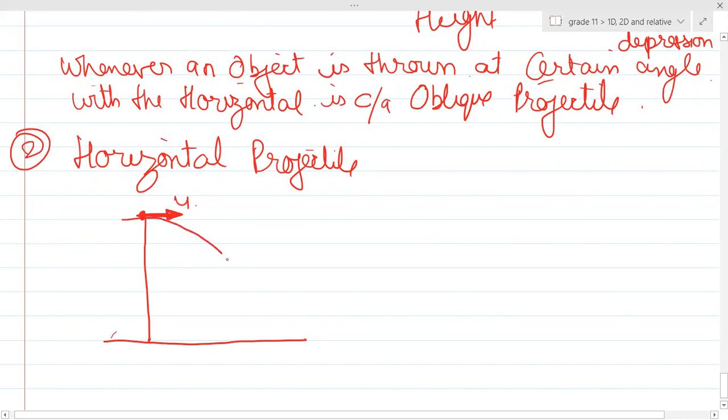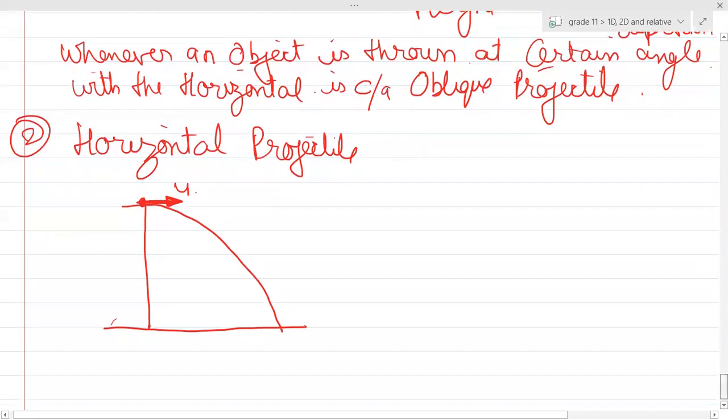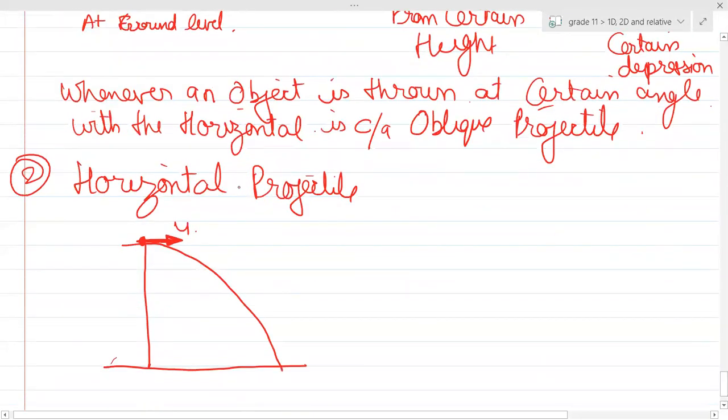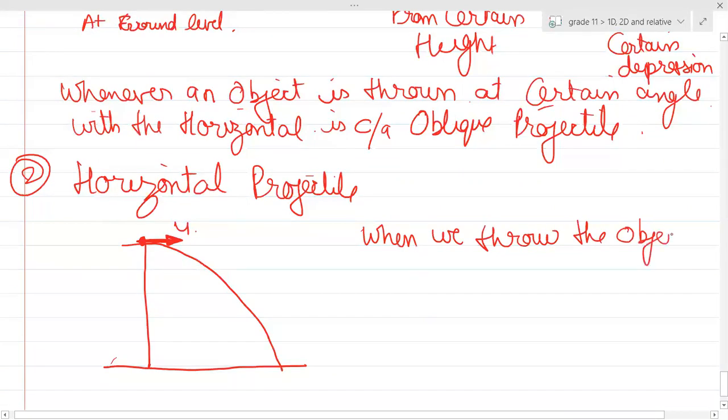That goes like this. So can you see the differences, guys? Yes, sir. This is your horizontal projectile. When we throw the projectile horizontally from a certain height.